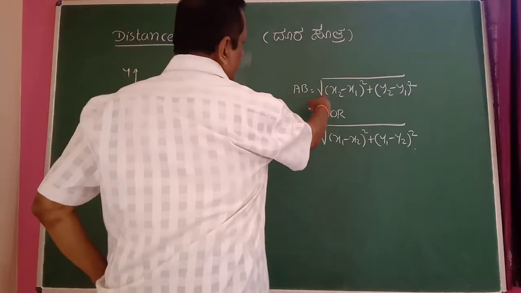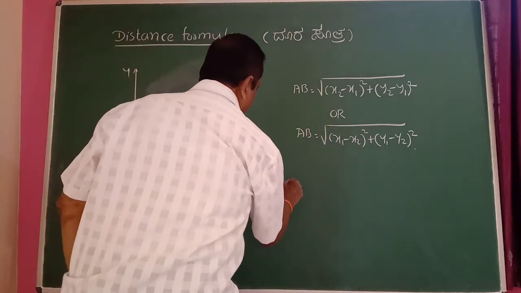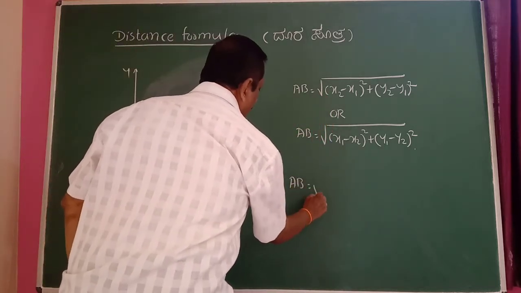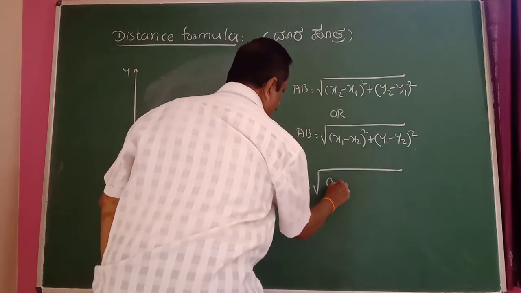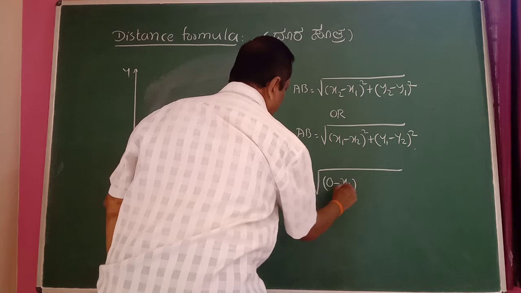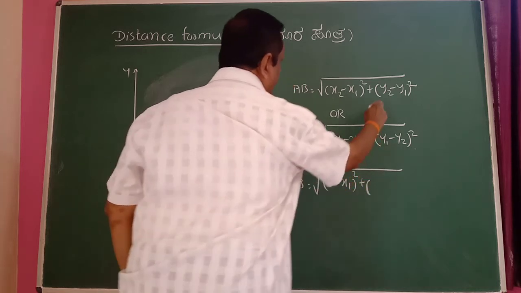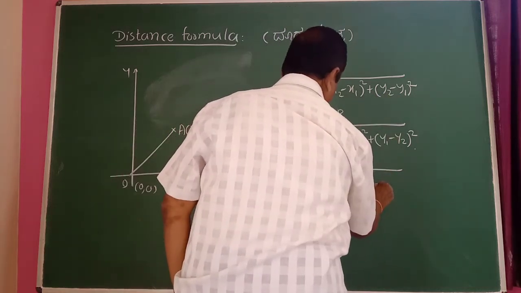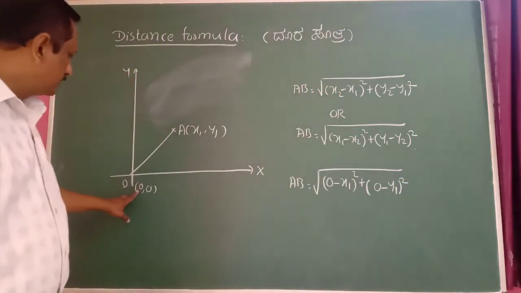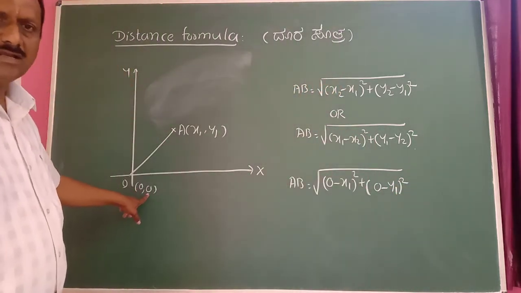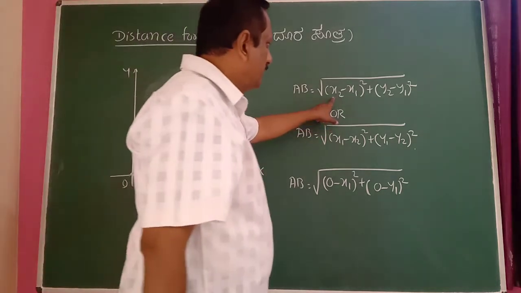If you take this result, AB is equal to the root of 0 minus x1, the whole square, plus 0 minus y1, the whole square, because x2 is 0 and y2 is also 0.